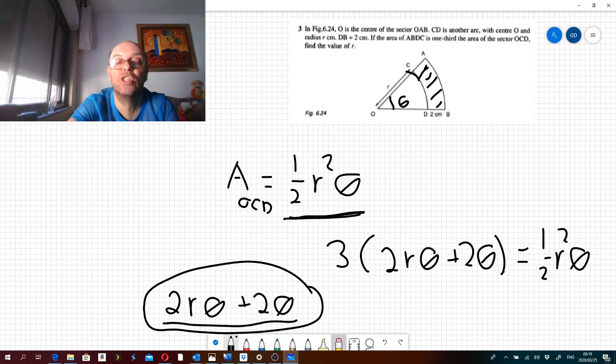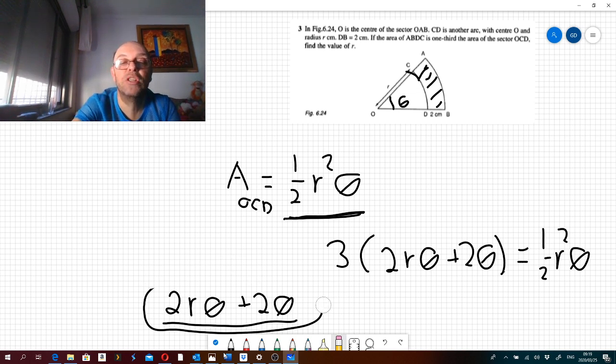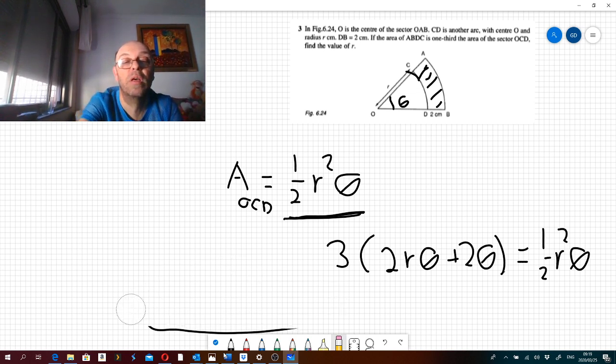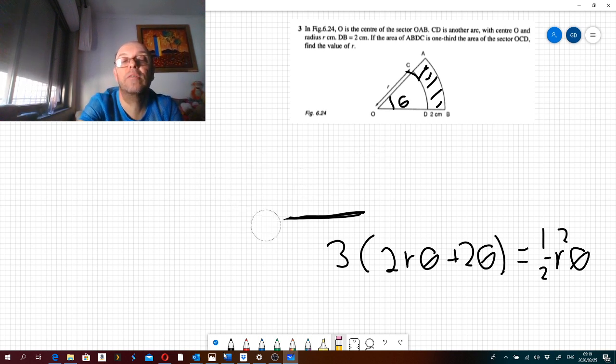So there's an expression that takes that information and connects the two areas that we are working out.